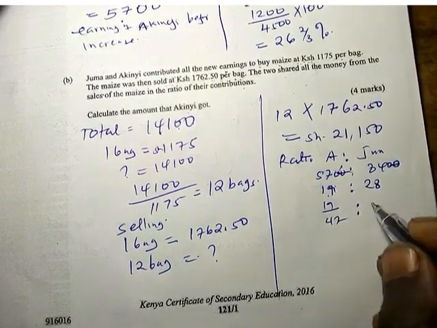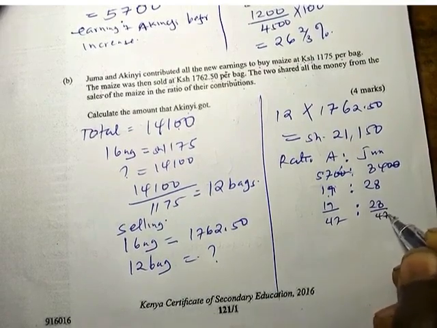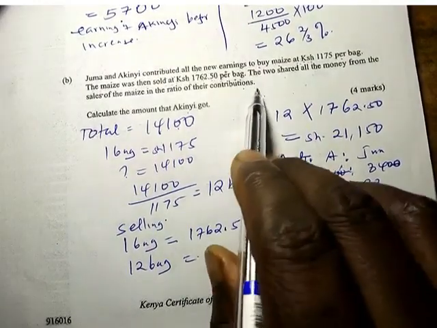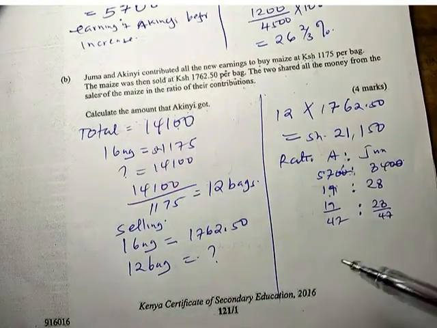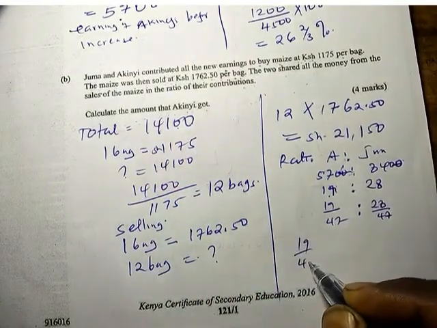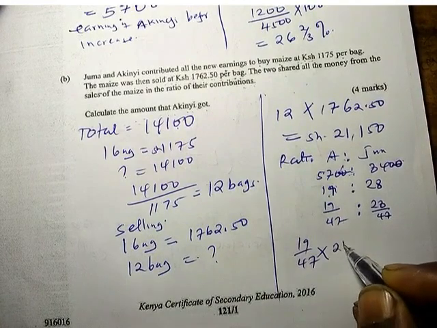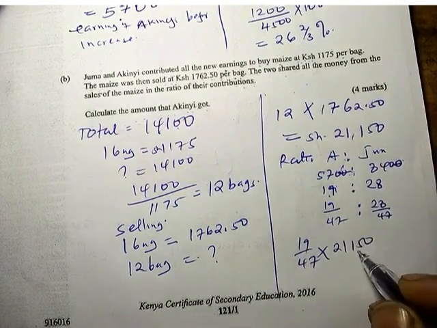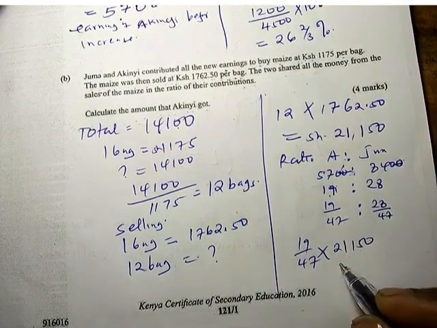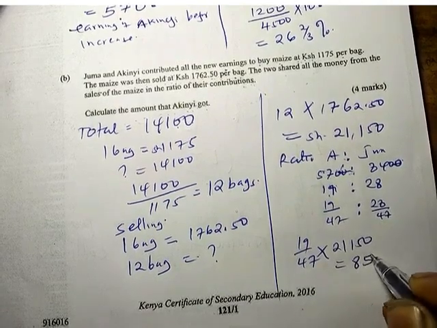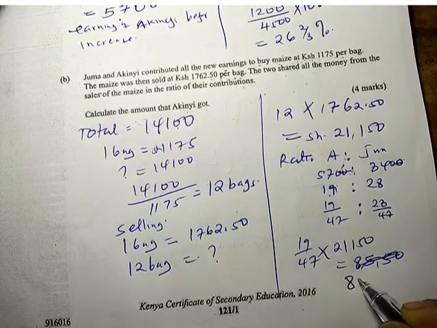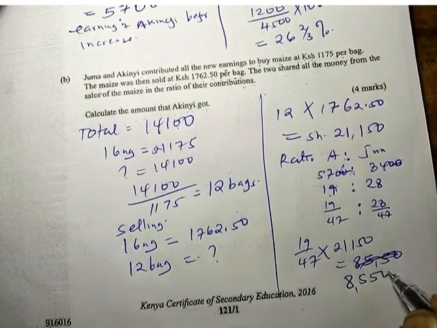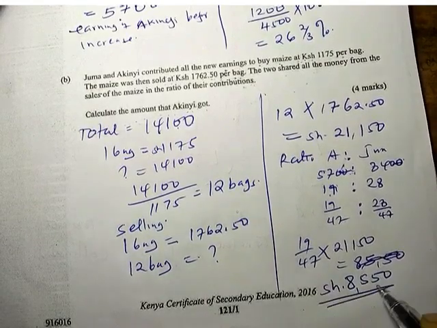This one will get 28 over 47. So the question is, calculate the amount that Akinyi got. So Akinyi is here. So Akinyi got 19 over 47 times 21,150. And this one is 8,550 shillings.